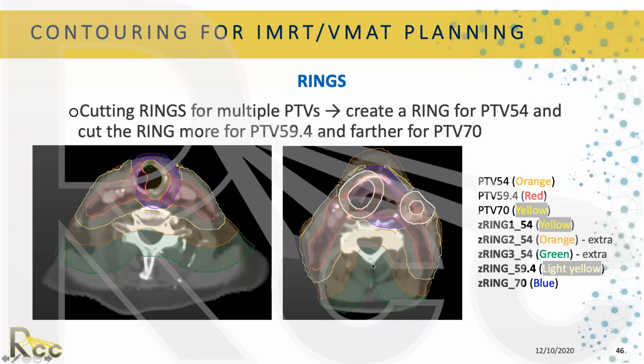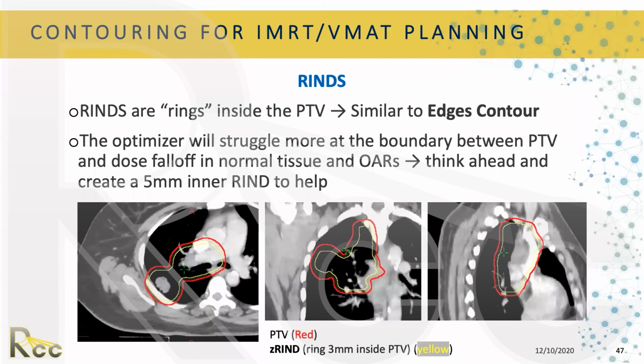So rinds, as I said before, the concept of the rind, they are bands inside the PTV. This is a similar concept to what I explained before as the edge contours. For example, in this lung case where the PTV is in red, you can create this rind, which is a 3 mm ring or band.